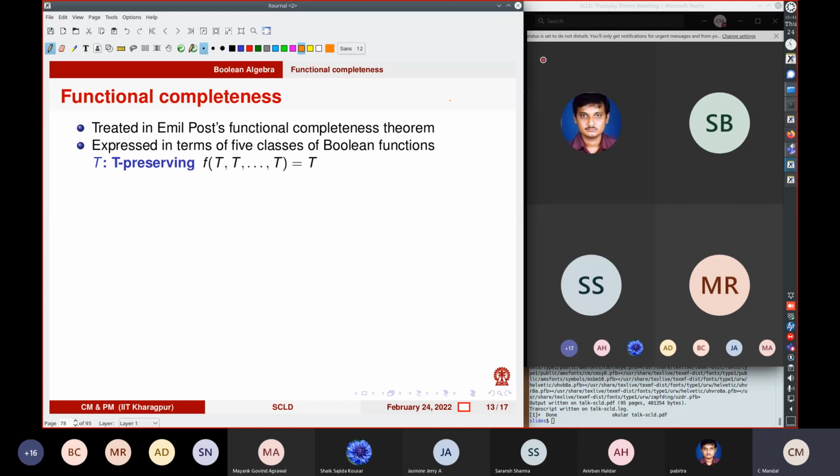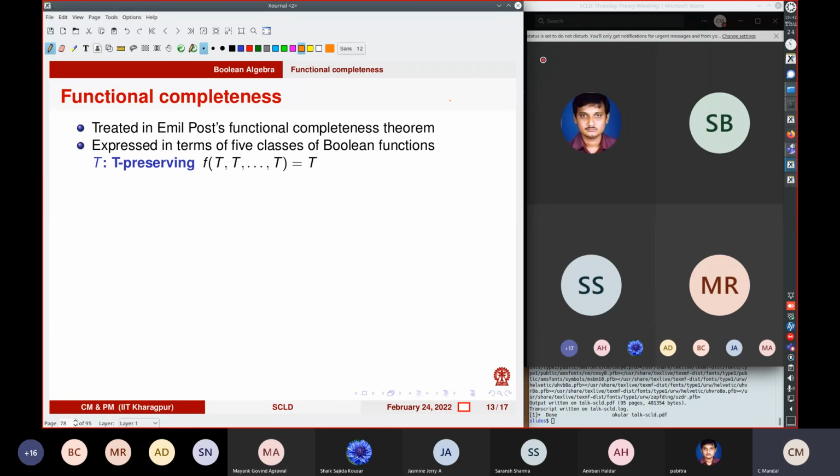A T preserving Boolean function must satisfy this requirement: if all the variables are true, then the value of the function must be true, irrespective of the value of the function for other truth assignments of the variables.